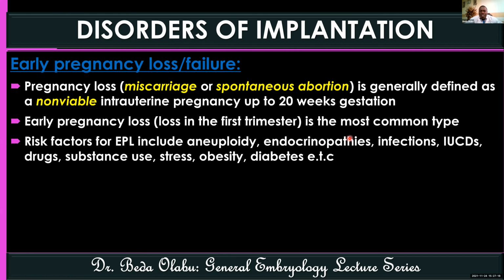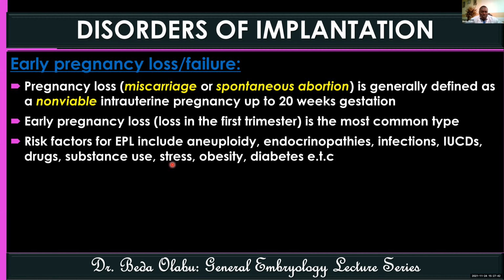Maybe there are some infections. Maybe the woman conceived and she had an IUCD, so it's still inside there. Maybe she has taken some drugs, these drugs that you can actually administer. Maybe it's substance abuse, maybe alcohol, cigarettes.